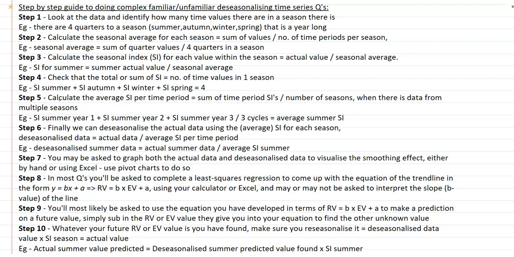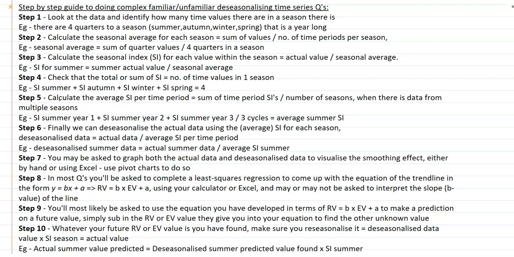So if I had 3 years' worth of quarterly data, I'll take the seasonal indices for summer year 1, summer year 2, summer year 3, and divide by the fact that there are 3 cycles. That will give you your average summer seasonal index.